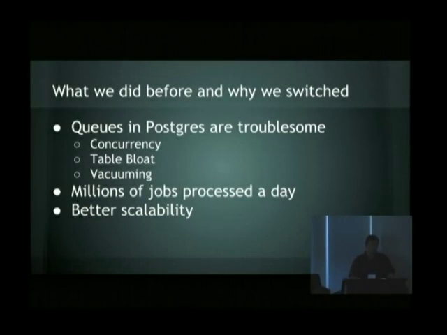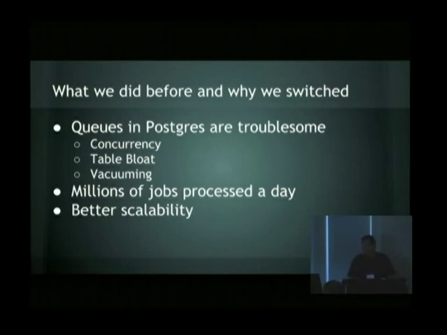Other things that we saw were table bloating issues. We're putting millions of things in there in a day. This table would go from having 1,000 items to hundreds of thousands and back to 1,000. And the size, according to Postgres, was huge when in reality it was small. Vacuuming became a problem.